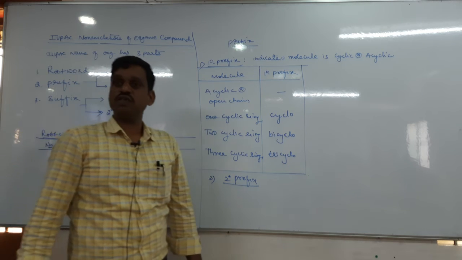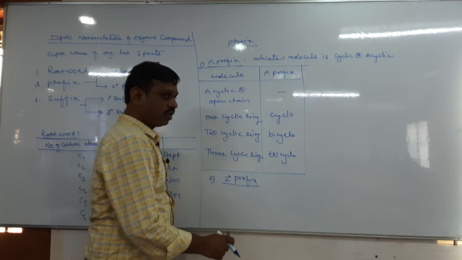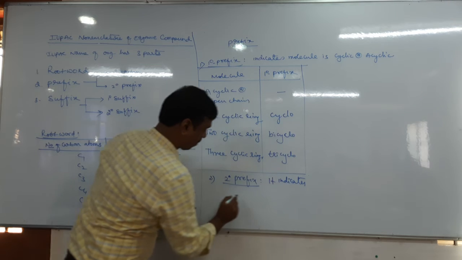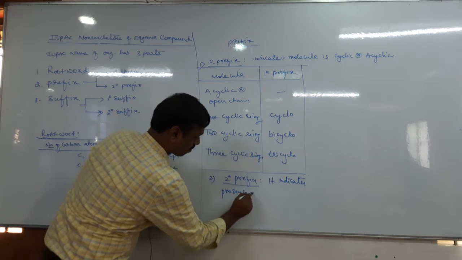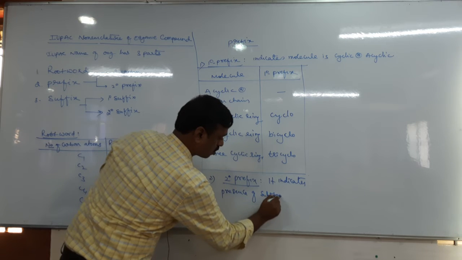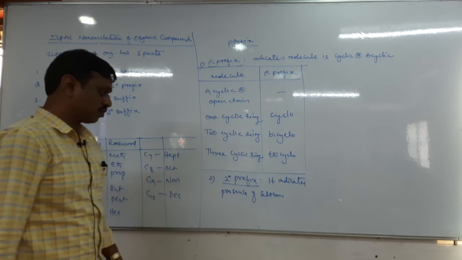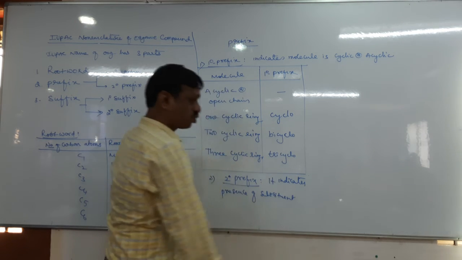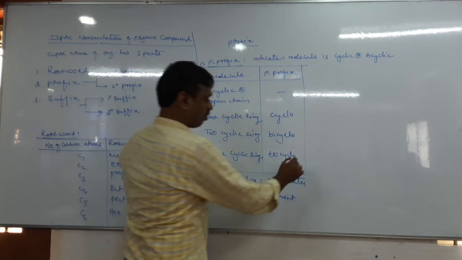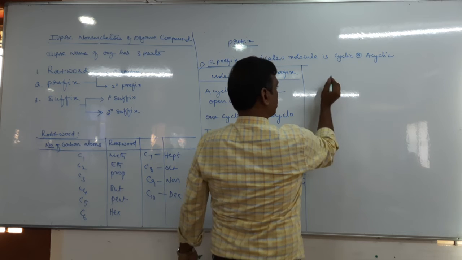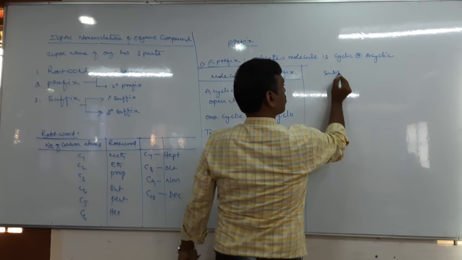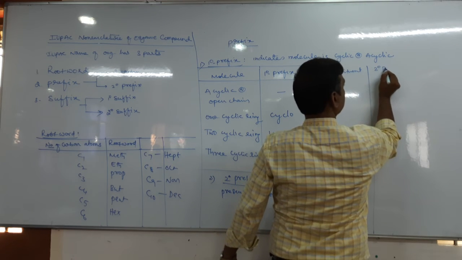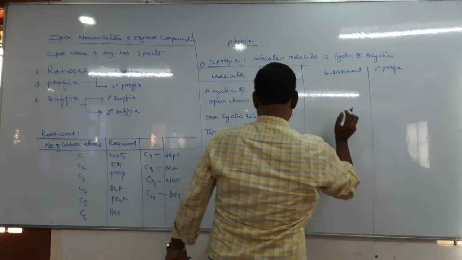It indicates the presence of a substituent. For example, let us take the substituent in the first column and the secondary prefix in the second column.